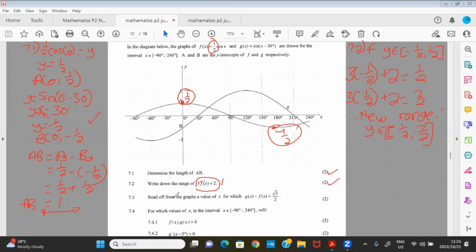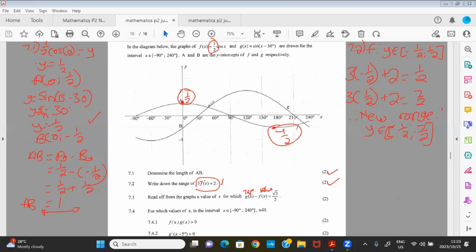7.3. Read off from the graphs a value of x for which g of x minus f of x is equal to root 3 over 2. So my g must be above and my f must be below. Where is that?